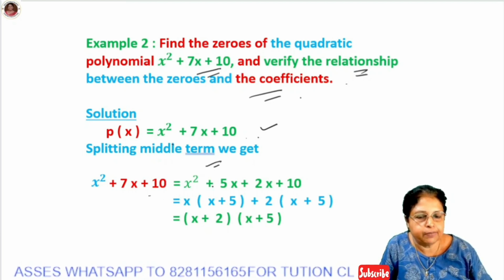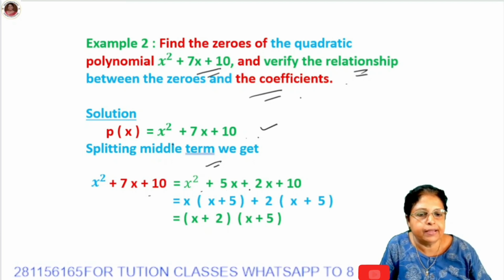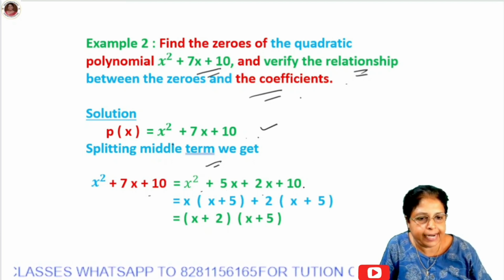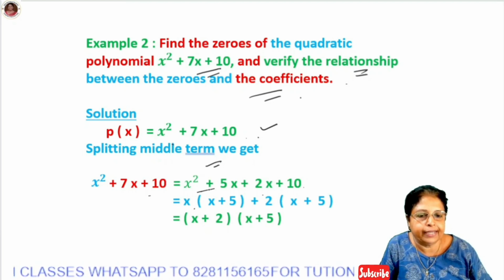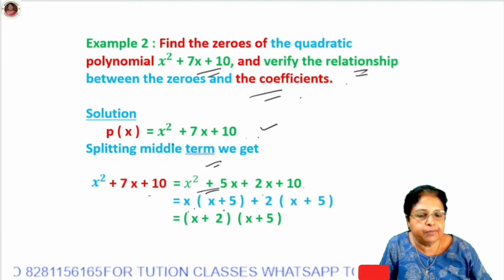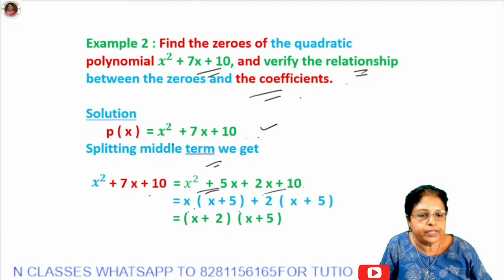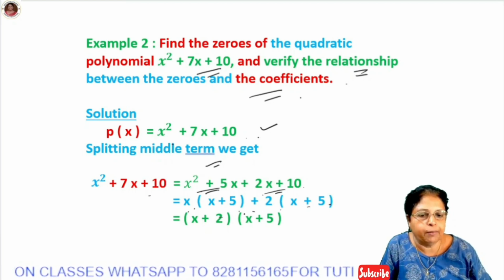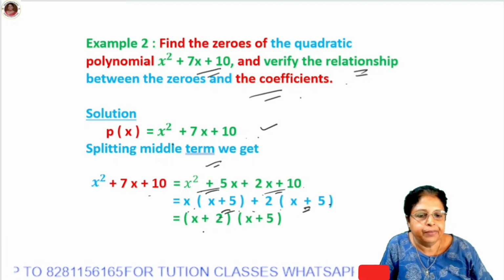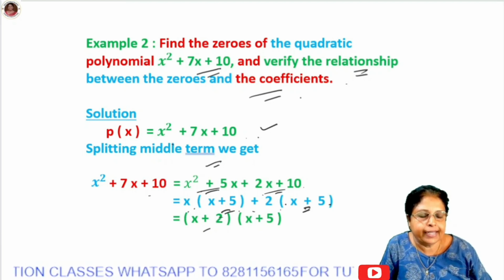x squared plus 7x plus 10 equals x squared plus 5x plus 2x plus 10. That is equal to x times x plus 5, taking x outside, plus 2 times x plus 5, where 2 is common. Then x plus 5 is common, so x plus 5 is taken outside.